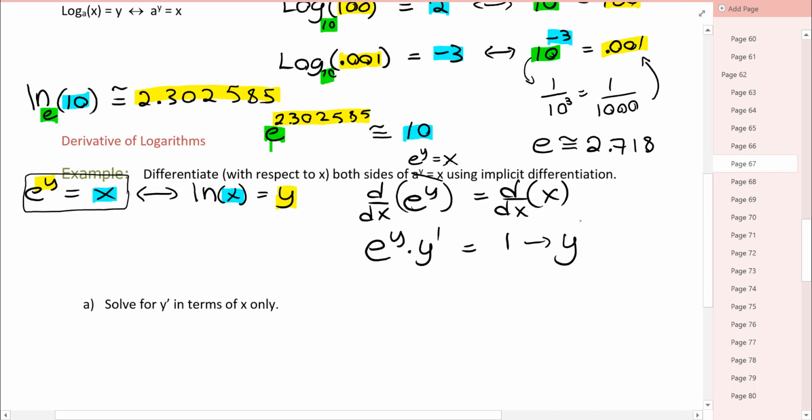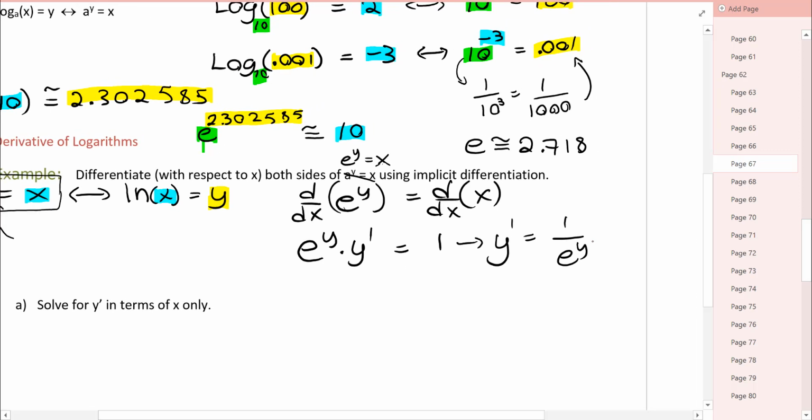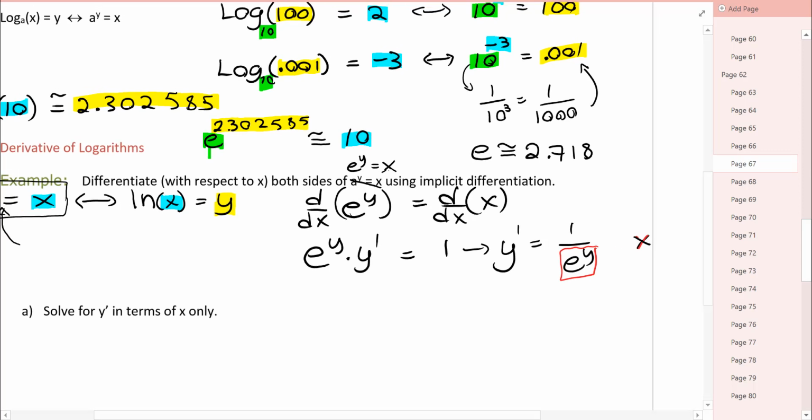So that means y prime equals 1 over e to the y. But wait a minute, e to the y is x. That's what we started with. So y prime equals 1 over x.